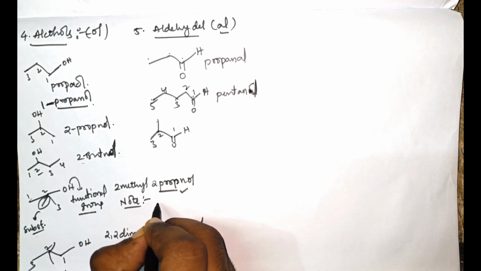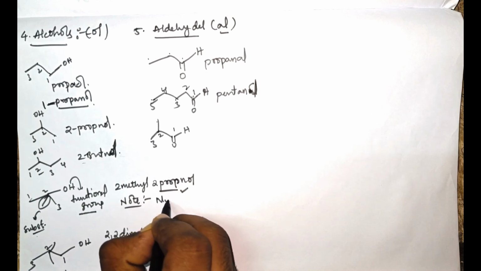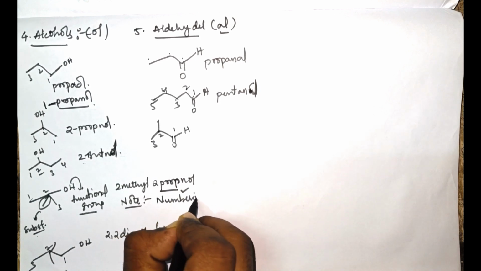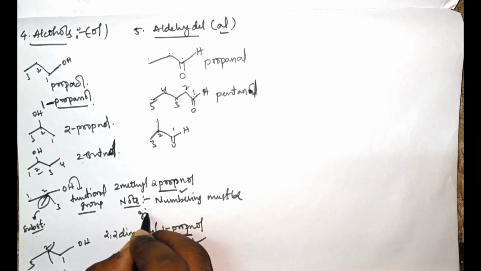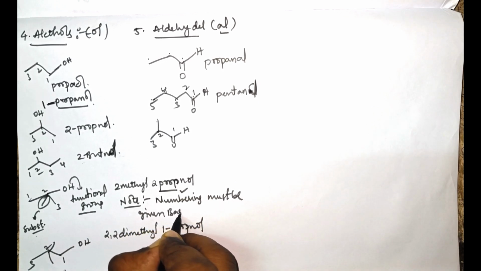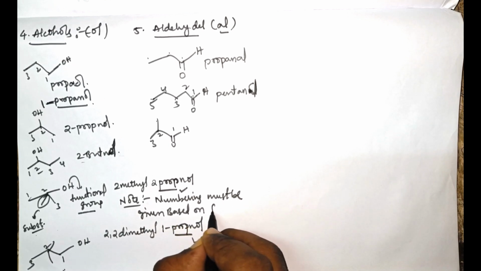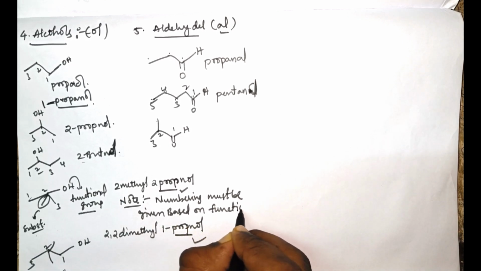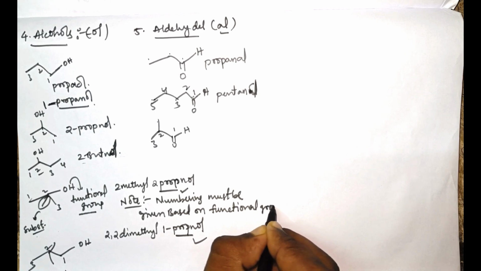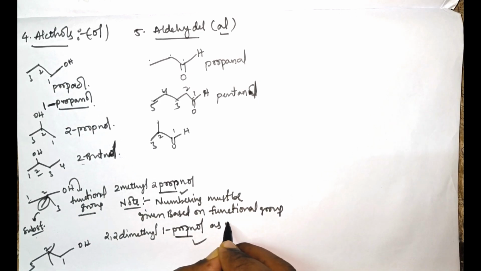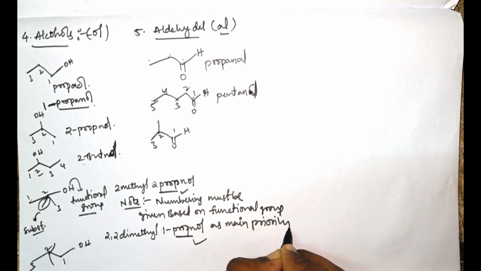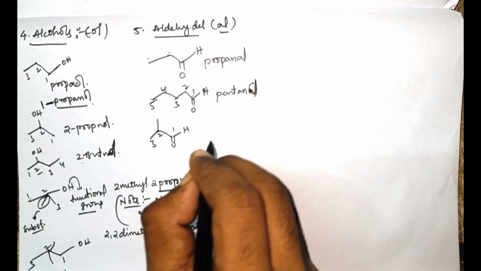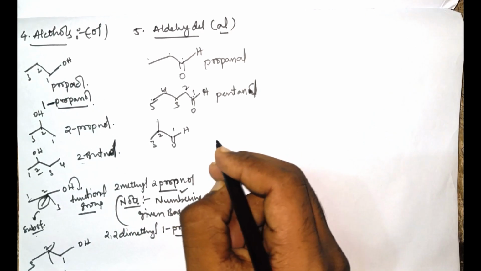If you have any empty place like that, numbering must be given based on the functional group as the main priority. I hope you would remember and write it in a spacious place.